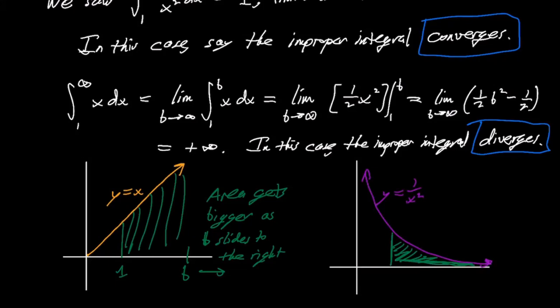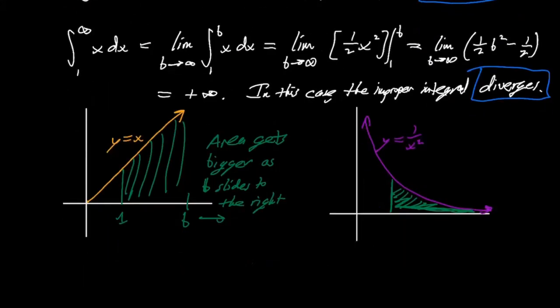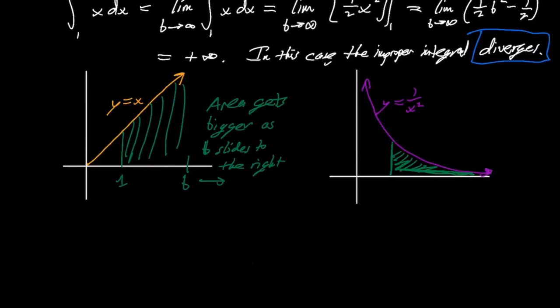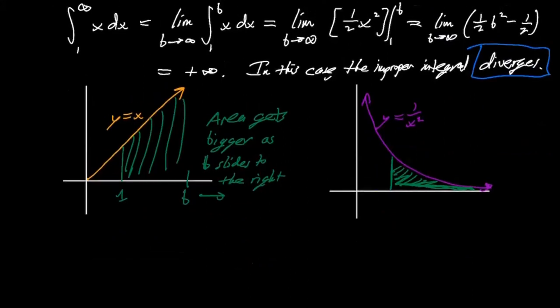What I'm going to say is that it's necessary in order to have any chance to converge. Meaning that this is actually a finite area.